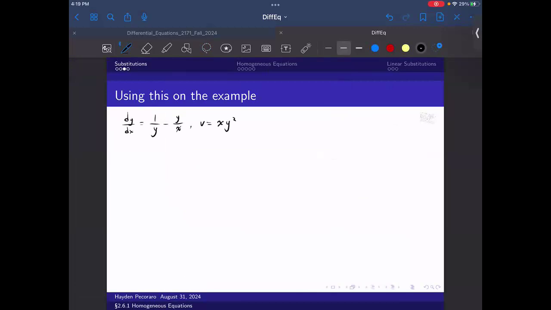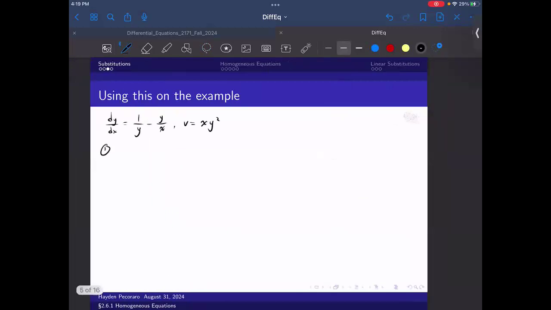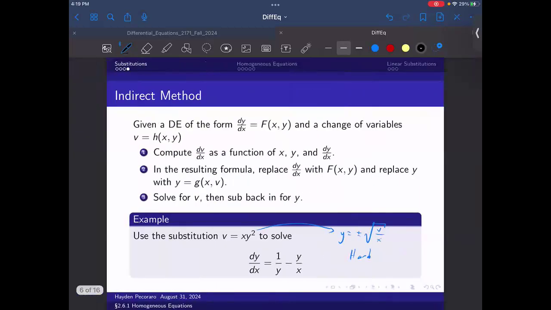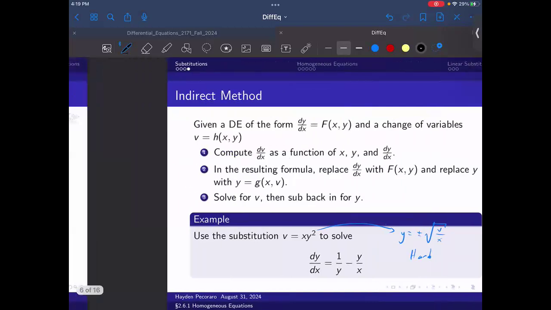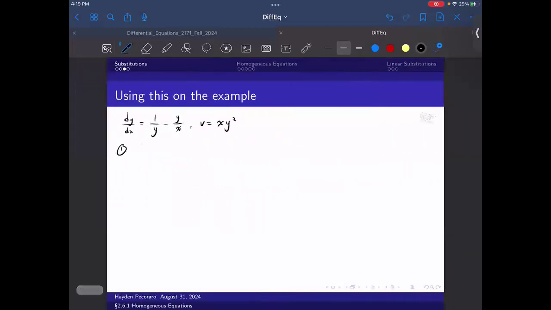So help me out with this one. My first step is compute dv/dx as a function of x, y, and y prime. So dv/dx should be what? I'm going to use what derivative rule to start?